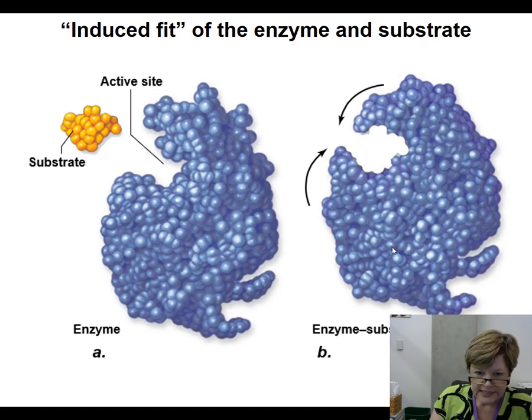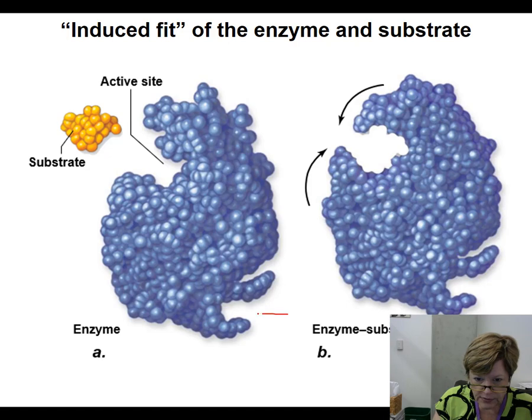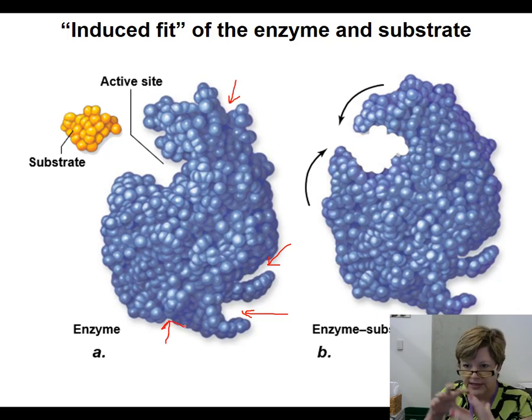What I want to point out is that even though the active site is a certain little niche of a particular shape on the enzyme, there are other little niches on a protein. So for example, like on this drawing, these little niches, the ones that we can see, and I'm sure there are some we can't see if we rotated this structure around.